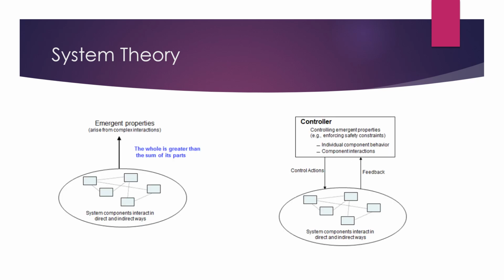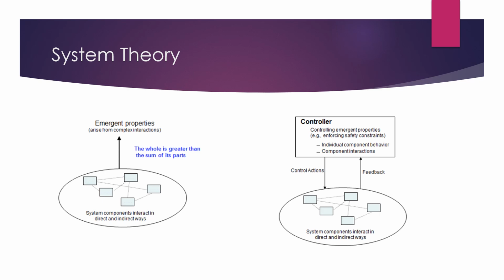They arise from complex interactions. A system component interacts in direct and indirect ways. The whole is greater than the sum of the parts, which is written in blue text there. We have another representation of the system. Anyhow, it is an interaction between the components.